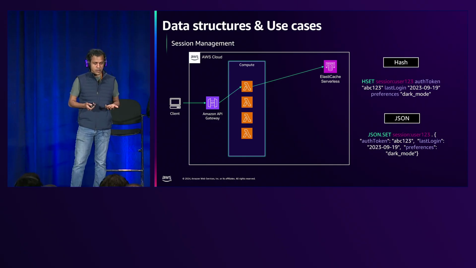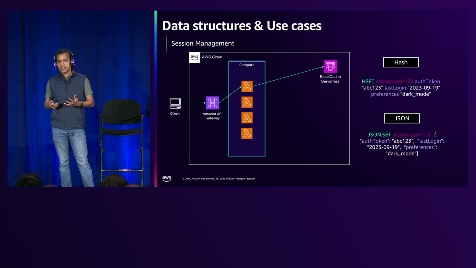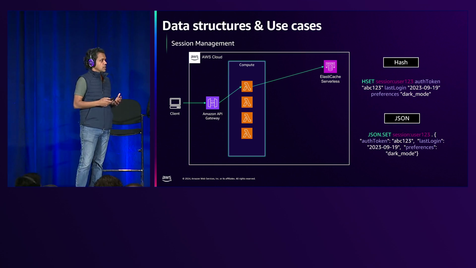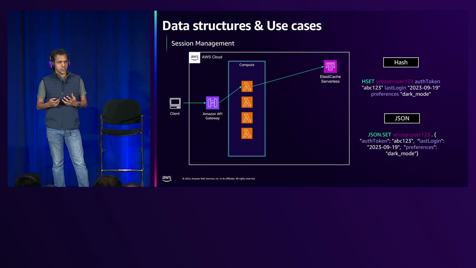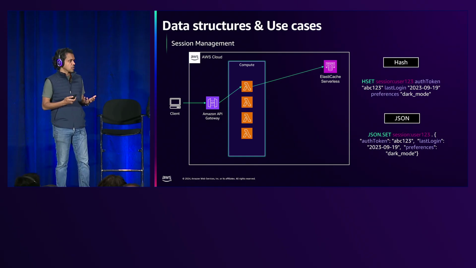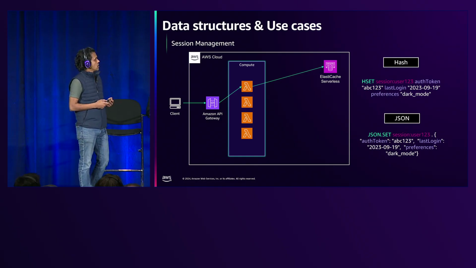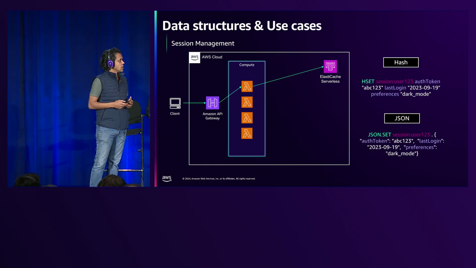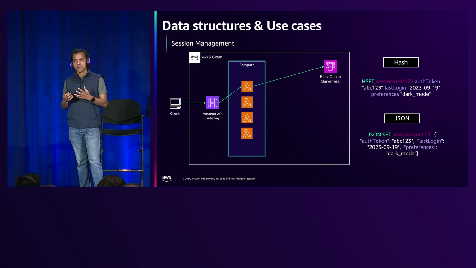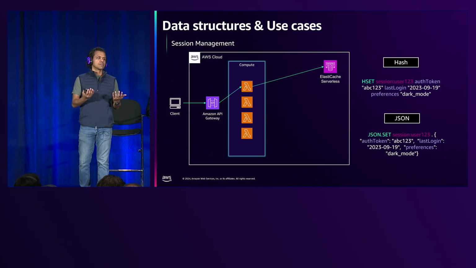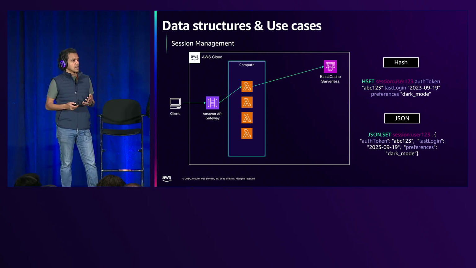So typically the way that would work is you would have that data be stored in the cache in a hash data structure. So ElastiCache Serverless supports Valkey and Redis OSS. We will talk about both of these engines in a bit, but we support Valkey and Redis OSS, which support advanced data structures like hash, where essentially you can store multiple levels of data or multiple sub values, if you will, inside that key.